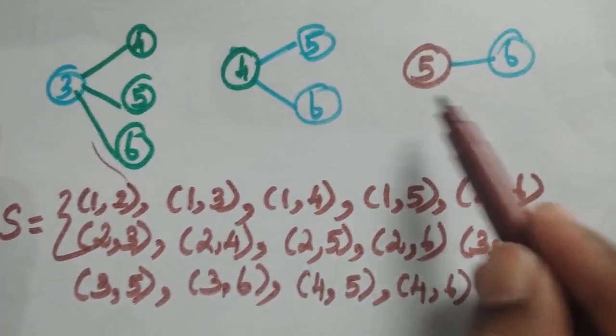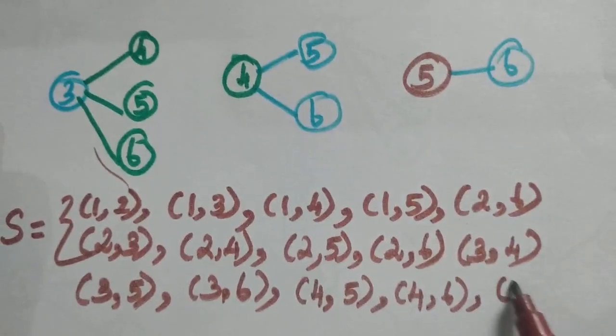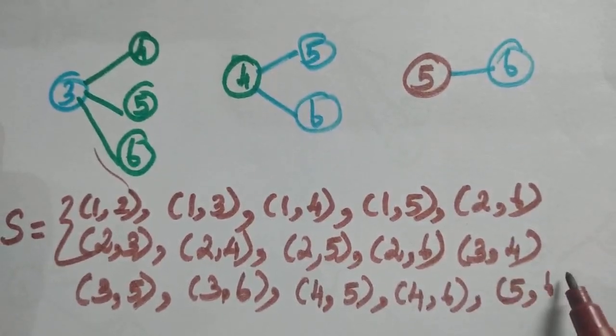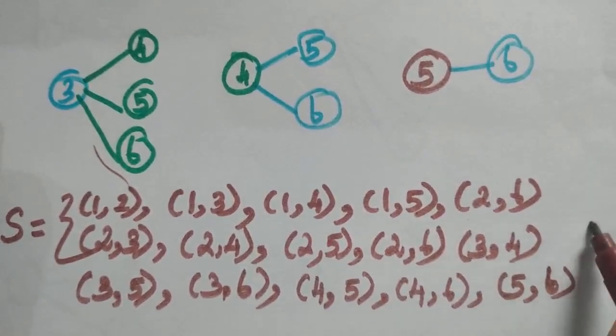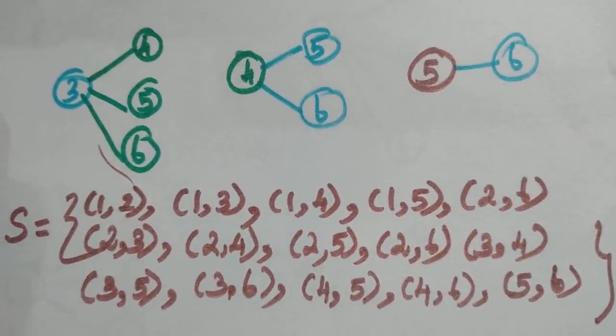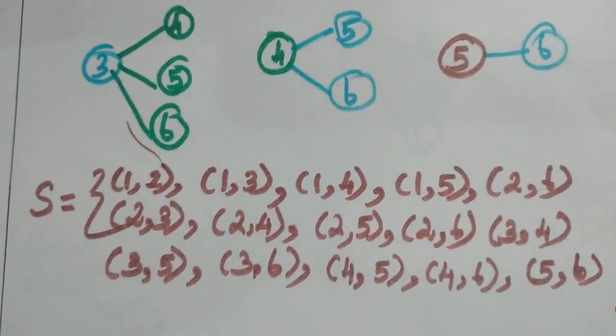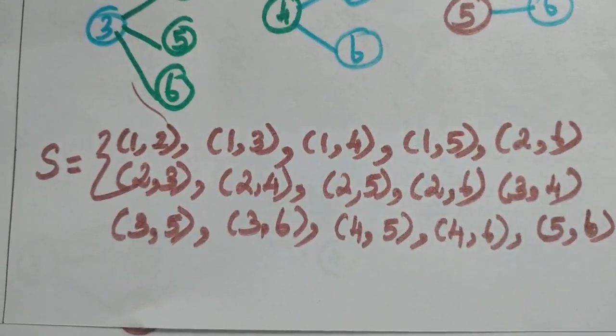And the last one is 5,6. So this is the sample space. Is it clear? Yes.